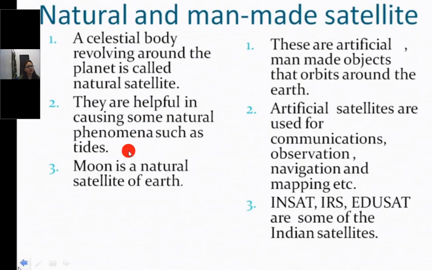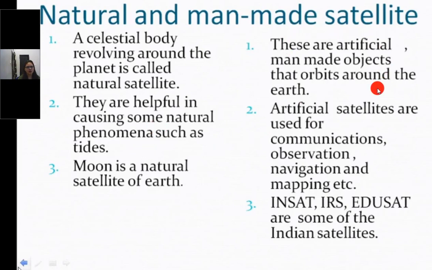Now here are man-made satellites. These are artificial man-made objects that orbit around the earth. Those that circle around the earth are called artificial satellites. Natural satellites are used for natural phenomena such as tides, but artificial satellites are used for communication, observation, navigation and mapping.